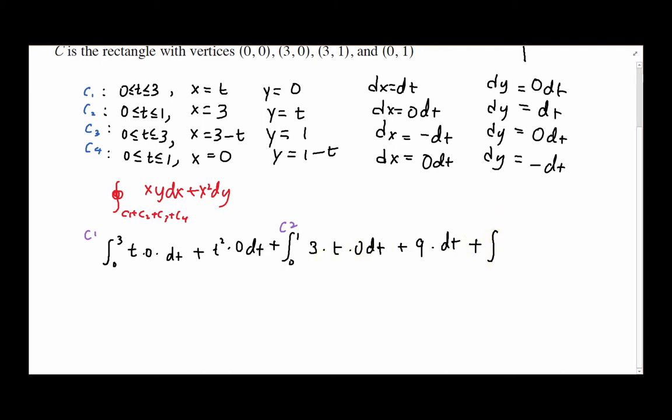Going to our C3, it's between 0 and 3, x times y, so it's just 3 minus t. I'm not going to multiply 1 here, it's too messy. And dx is negative dt, and x squared is this, but fortunately we have a 0 dt, so we won't have a crazy integral.